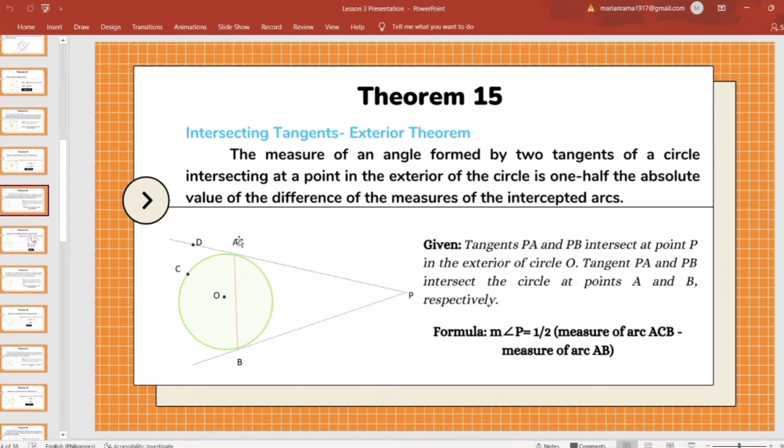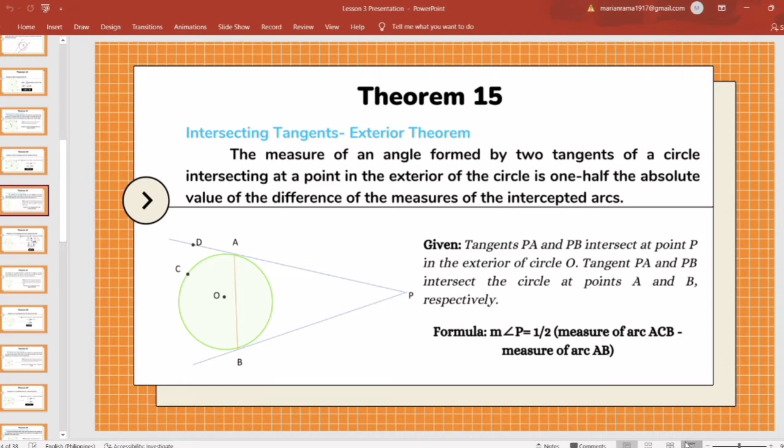Did you notice that if our angle intercepts in the interior of our circle, then we just have to add both the arcs. So now, as you can see, our angle is in the exterior of our circle, so we have to subtract.